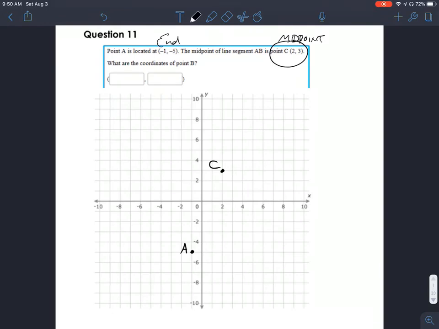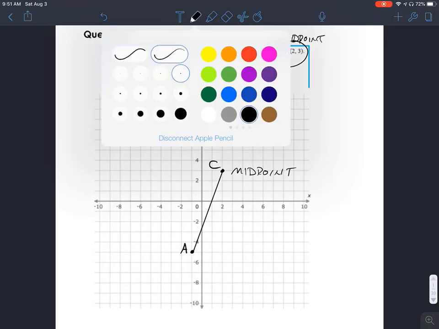What are the coordinates of point B? Well, I think you would agree that if this is segment AC and C is the midpoint, that means B has to be up here someplace. So you can easily get to that by saying, well, if C is in the middle, we can just count spaces.